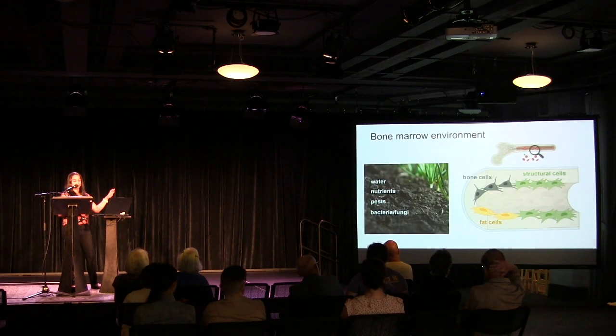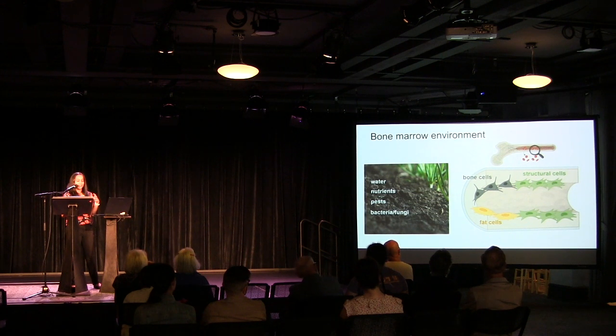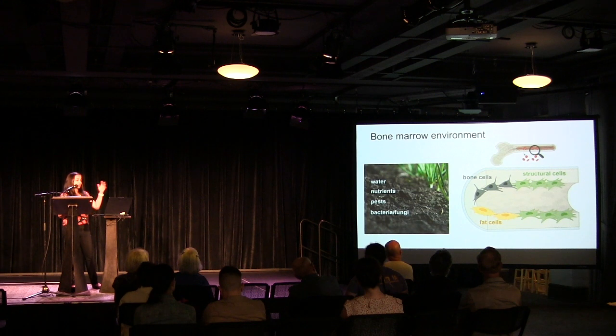If we zoom into the bone marrow environment, which is shown on the right there, the environment is actually quite complex. Just like how the soil environment is made up of different factors that affects its health, such as water, nutrients, pests, bacteria, and fungi, either good or bad, the bone marrow environment also has multiple factors that play a role in its health.